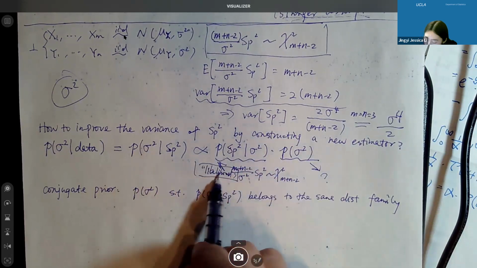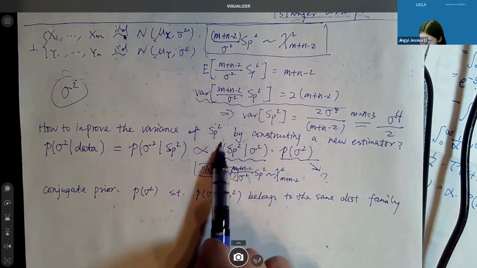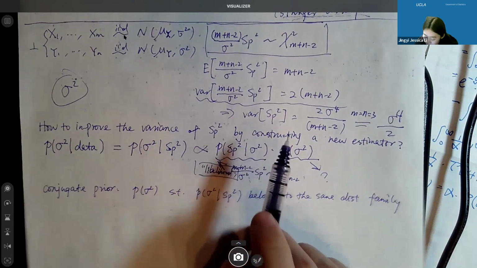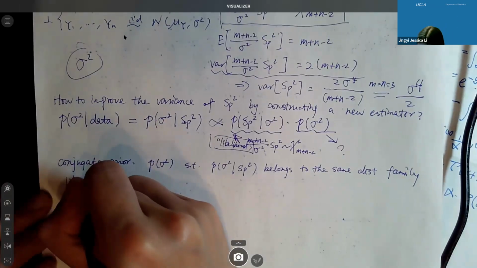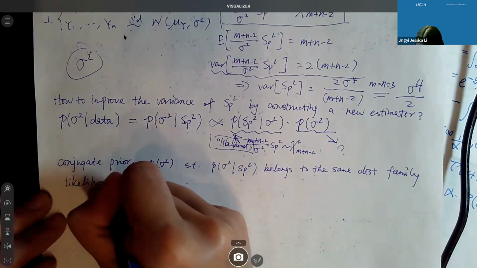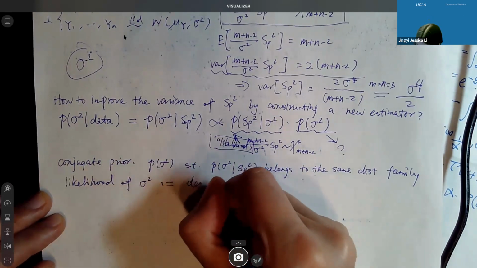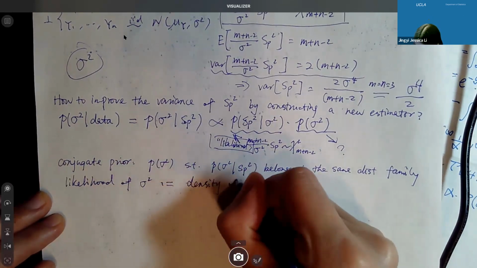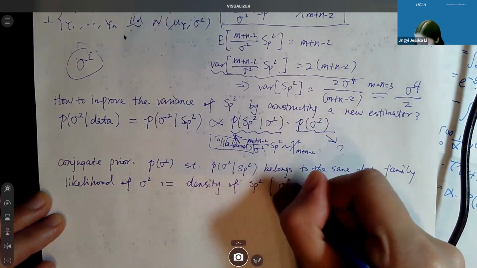It's a function of the parameter sigma square, but it's defined as the density of the data given the parameter. So the likelihood of sigma square is defined to be the density of SP square conditional on sigma square.